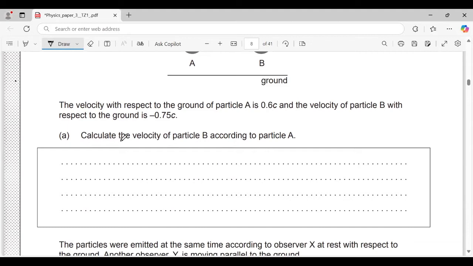To find the velocity of particle B according to particle A, we need to use the formula for relativistic velocity addition.